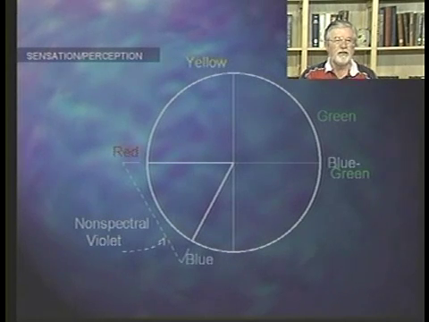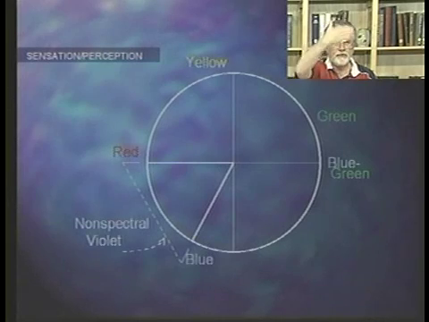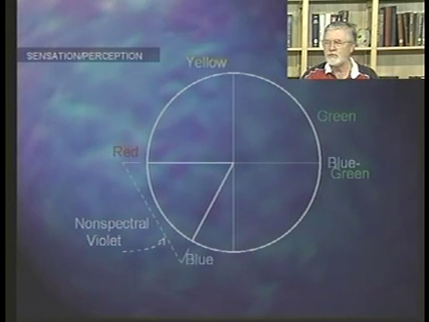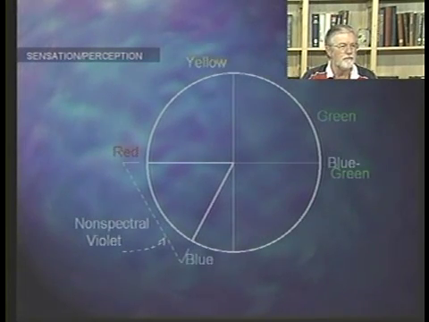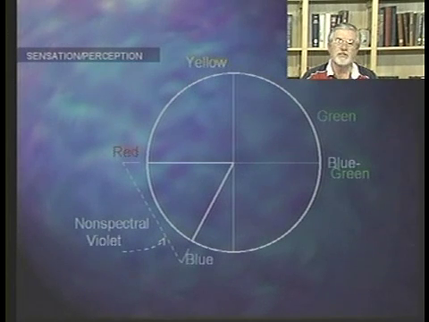Maybe another way to think of it is that if I shine a light directly at you that is pure white, and then I drop a red filter in, in essence, what the red filter does is subtract everything except the red light waves that it allows to go through. Okay? So that's a subtractive mixture of colors.